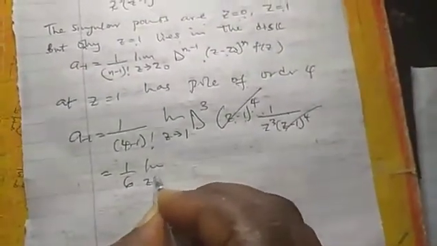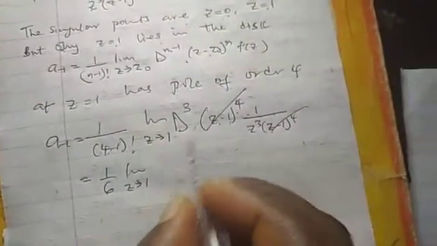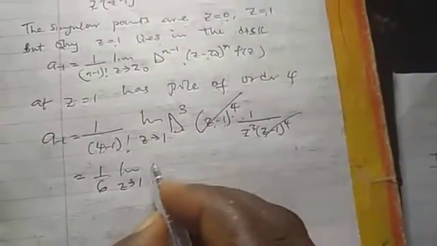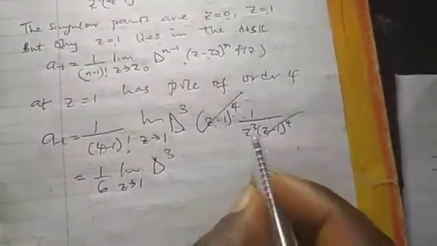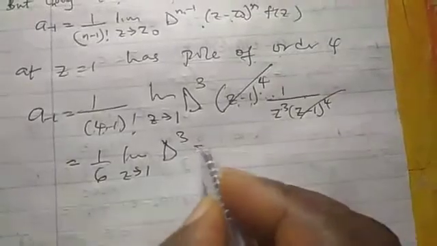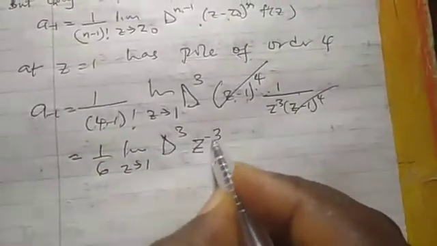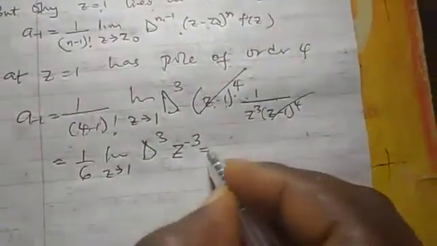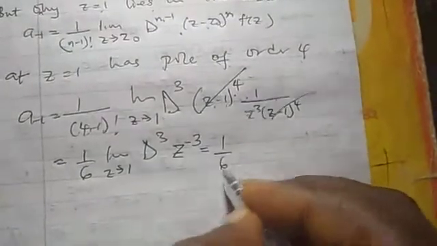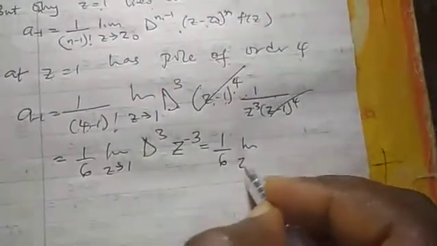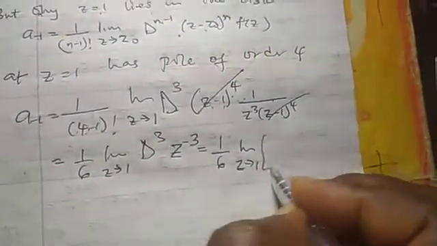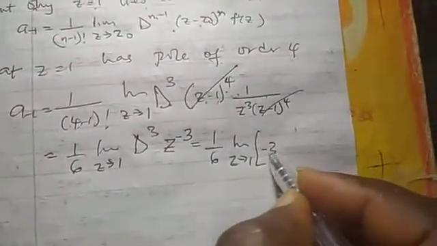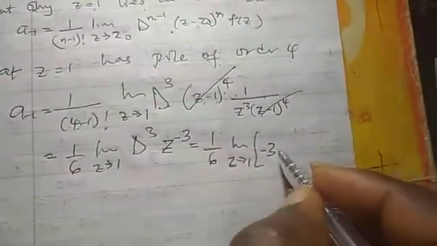Then the limit of z tends to 1 of the third derivative of 1 over z cube. 1 over z cube is simply z raised to power minus 3. If I differentiate once, I will have minus 3 z raised to power minus 4.